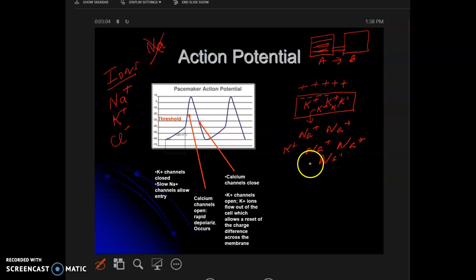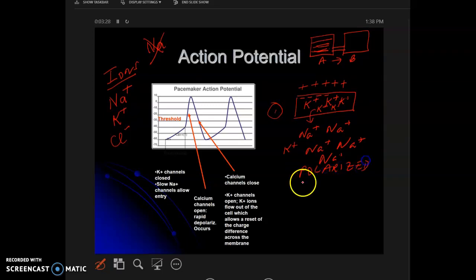There are more positive outside and less positive inside, making it slightly positive outside and slightly negative inside. I said slightly. So this is at rest, when some potassium leaks out. This gives a resting potential.